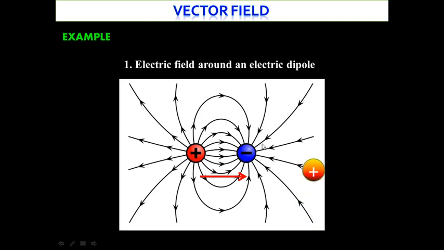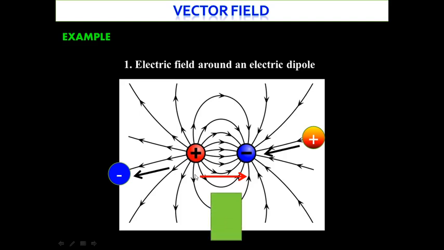So the direction of the electric field is this, and here the direction of the electric field is this. See this, so the electric field has a direction. If an electric field is created by positive and negative charges, that is, by a dipole, it has a direction. Therefore it is an example of a vector field.